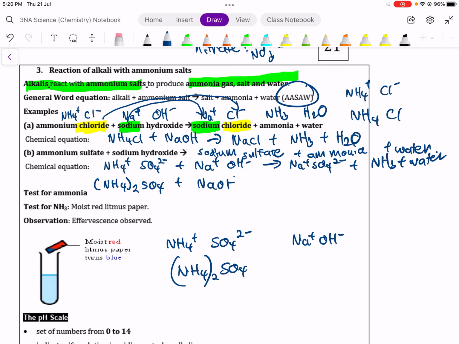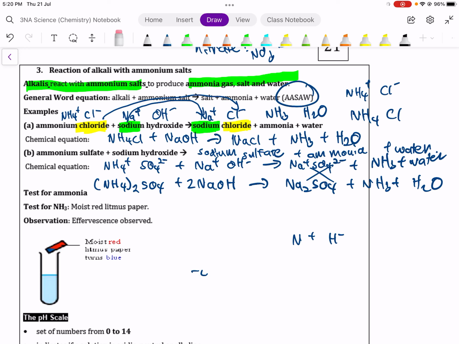Then the salt is sodium sulfate, Na2SO4. Plus NH3 plus H2O. So I put a 2 down here to balance.